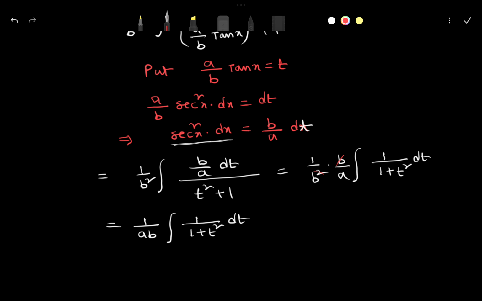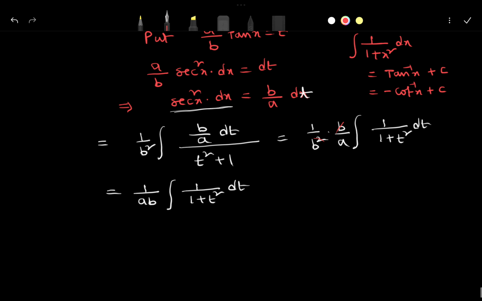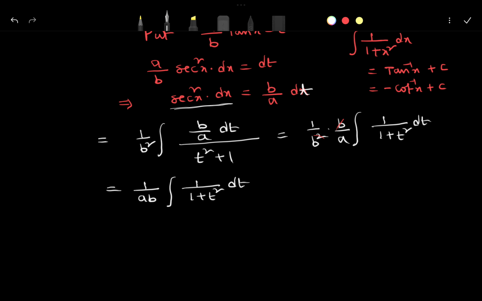You know, integration of 1 by 1 plus x square into dx is equals to tan inverse of x plus c or minus cot inverse of x plus c. Any formula you can write in this value. So now here I will write 1 by ab into tan inverse of t. What is that t value?